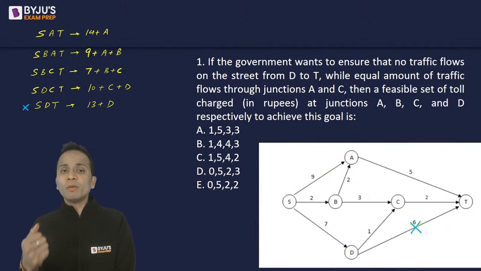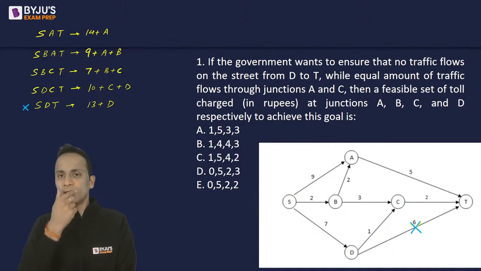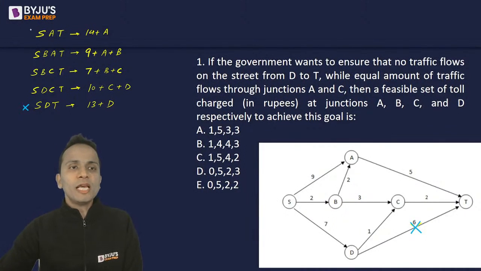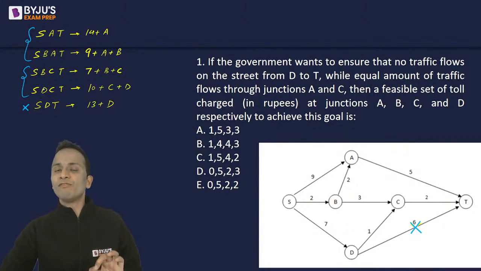While an equal amount of traffic flows through the junctions A and C. Junction A and junction C should have an equal amount of traffic flow, right? Junction A is used in the first two routes and junction C is used in the third and fourth route.